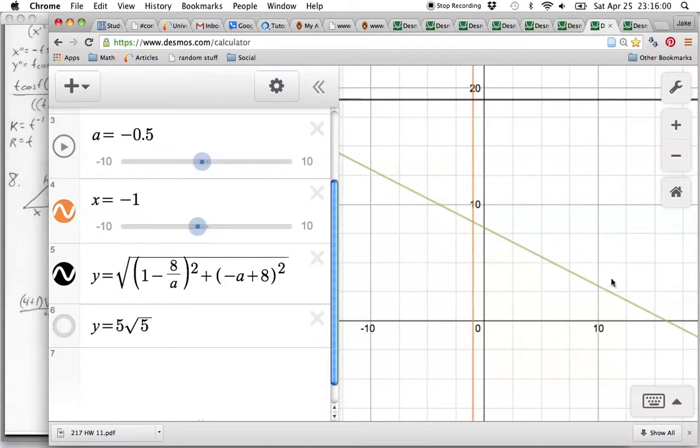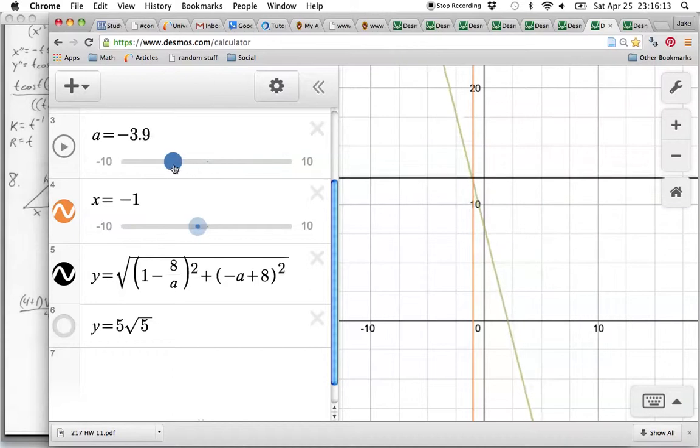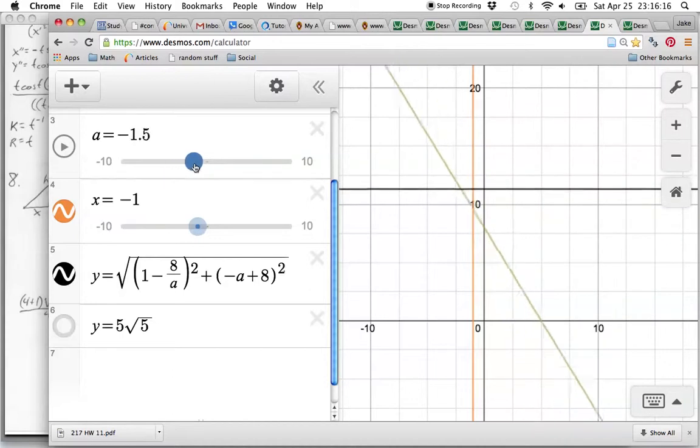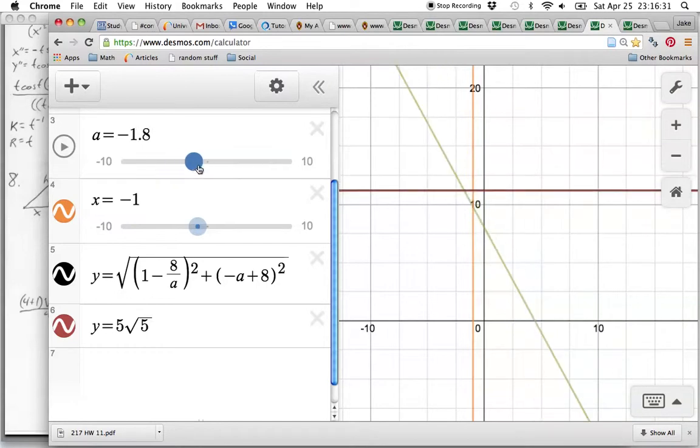So I've found this hypotenuse of this triangle, and then I'm measuring it here, so you can see as I move this, sorry, I want that to be 1. As I move this, that value goes down, and then it starts going back up at some point. And what that point is, of course, is my 5 root 5. It goes down to the 5 root 5, and then starts getting longer again.